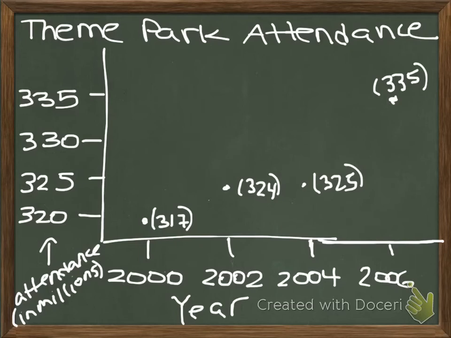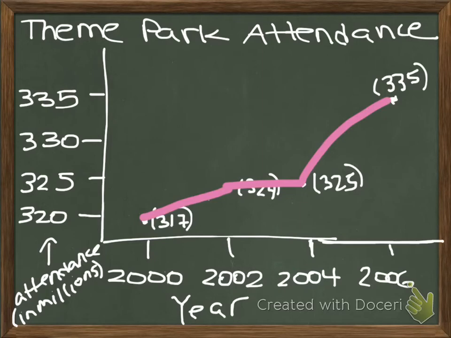So between 2000 and 2002, or between 2002 and 2004, or between 2004 and 2006. So to figure that out, I'm going to rule out 2004 to 2006 because that's the steepest incline.